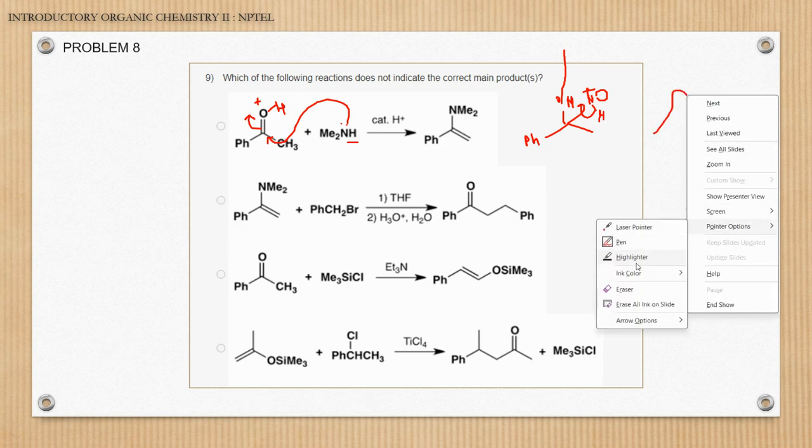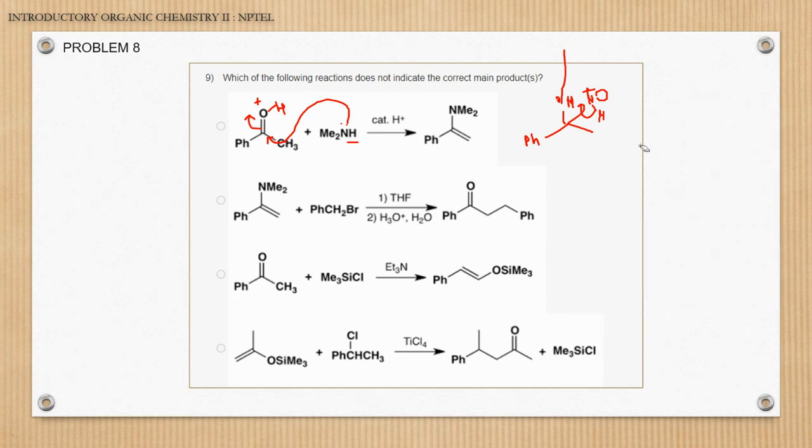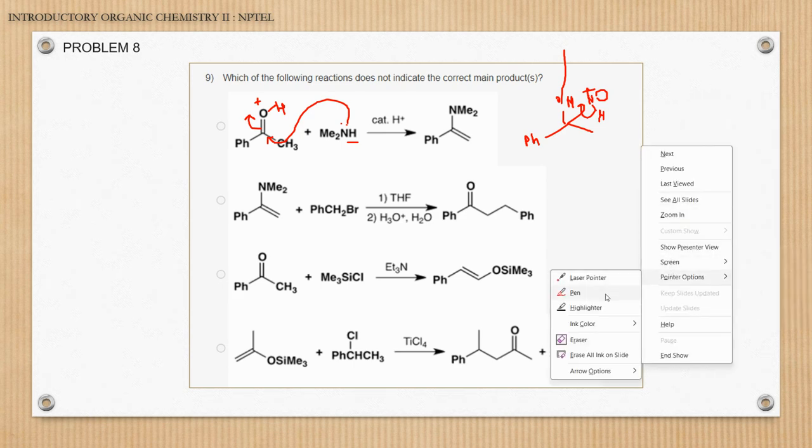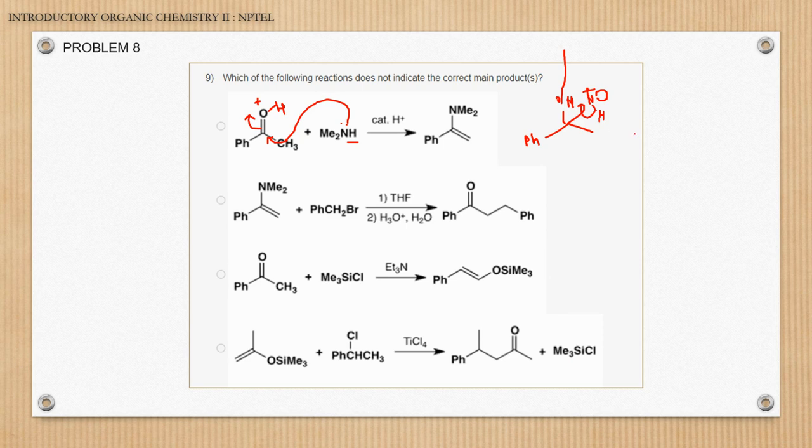So after the formation of this particular thing, that is this OH and NMe2, which is present in the system, and this is Ph, and this is methyl.